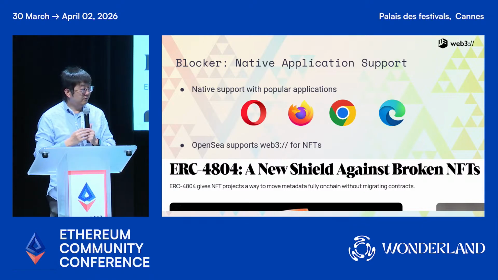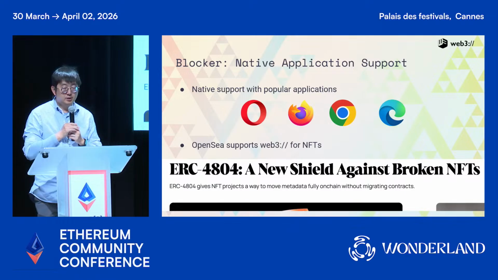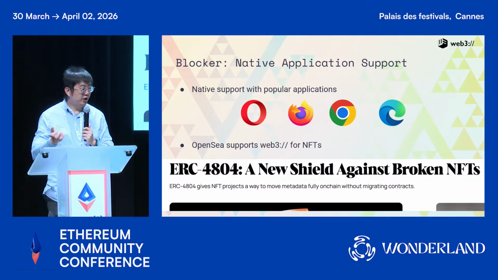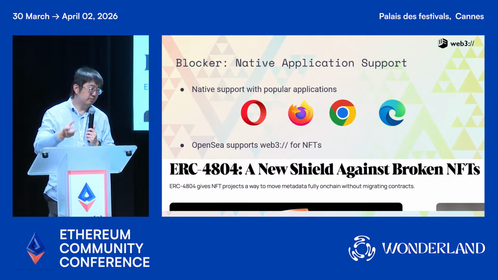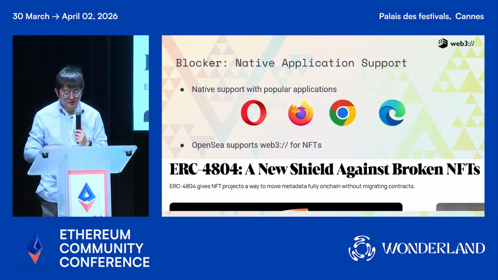And we also had support from OpenSea early this year, and now it's fully supported by OpenSea, so that when you browse NFTs with on-chain images, OpenSea will automatically call the smart contract, return the data and display the content for you.